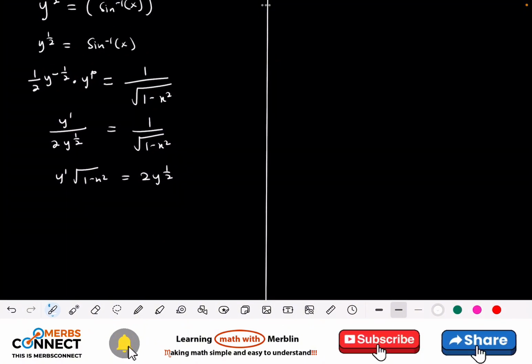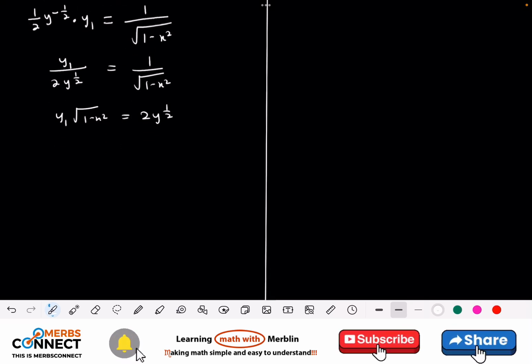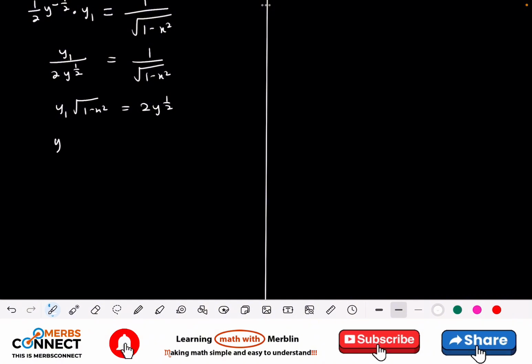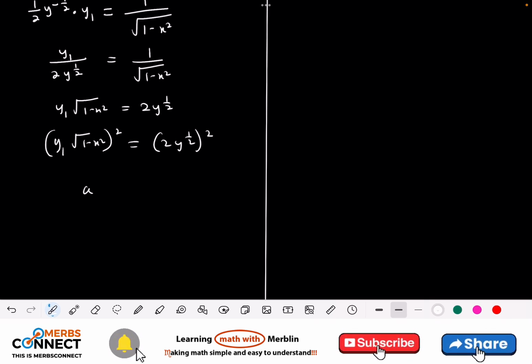Oops, I like writing prime a lot. It's supposed to be y1. So when I square this, then I need to square this one too as well, right? As we said, if I have a times b all squared, this is the same as a squared times b squared, if they are a product, right?